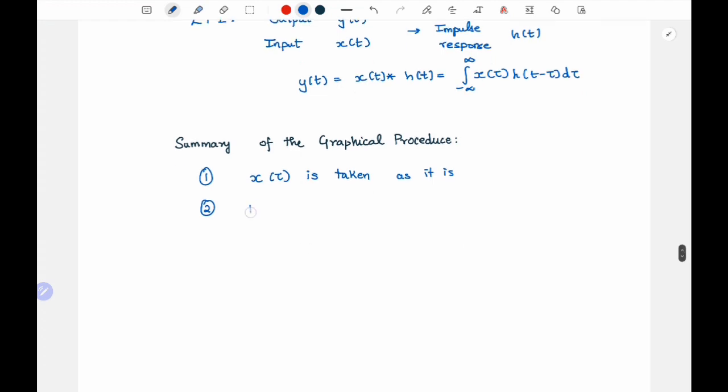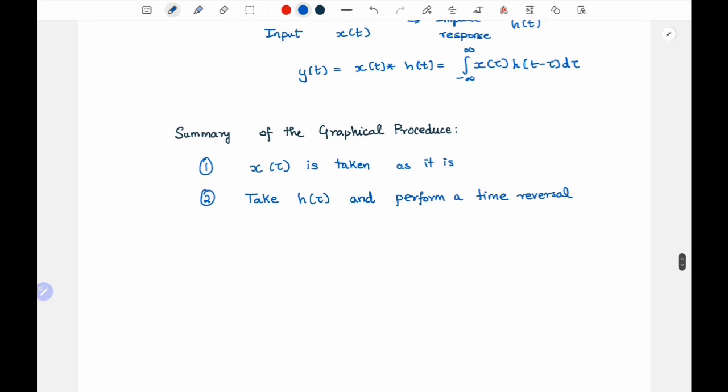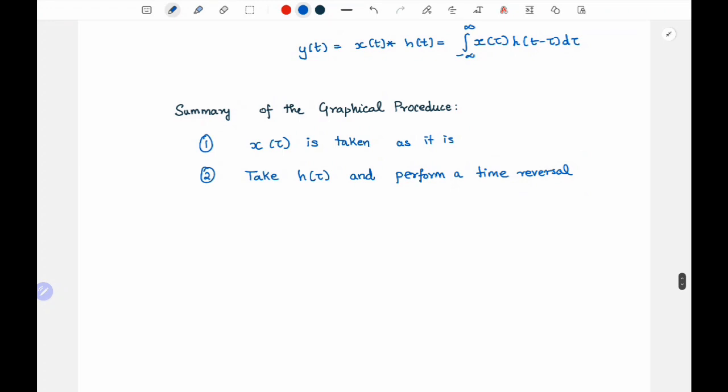So first, take h of tau and perform a time reversal. So again here, to find h of t minus tau, you can first do the reversal and then take the time shifting, or you can do the time shift and then do the reversal. But it will vary accordingly, right?